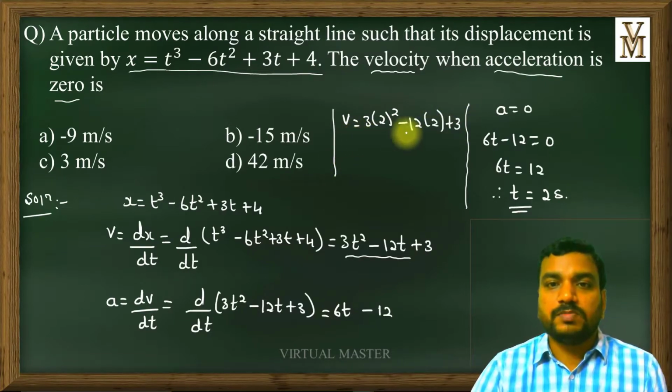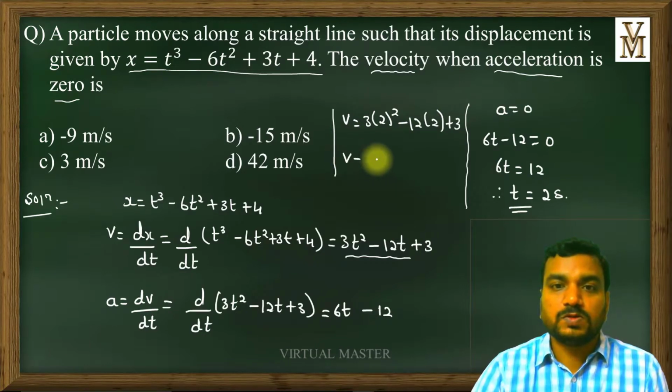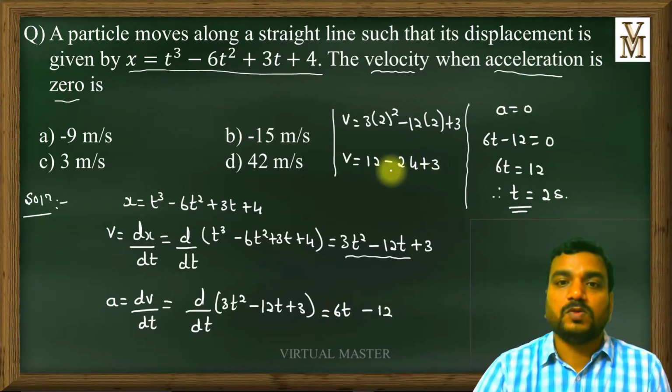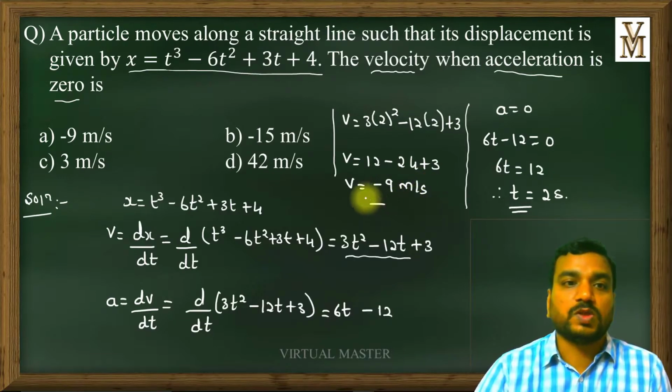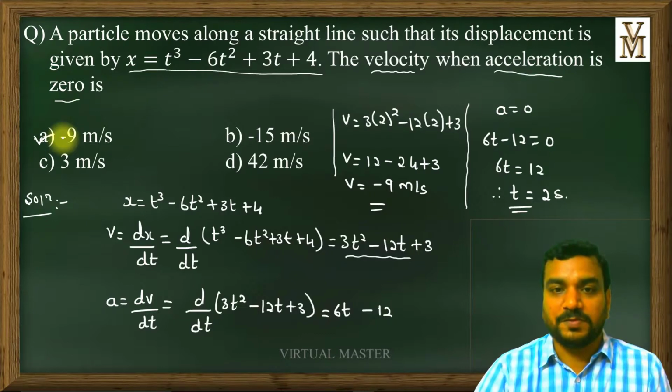Okay, let us simplify this. v equals 3 into 2 square, that is 4 into 3 is 12, minus 12 into 2 is 24, plus 3. Okay, after simplification I am going to get v equals minus 9 meter per second. So the correct answer is option A, minus 9 meter per second.